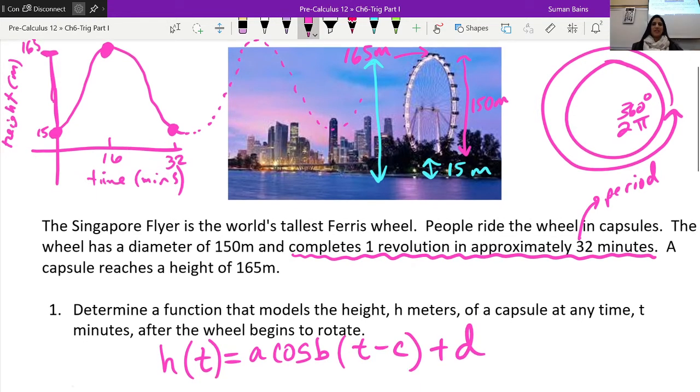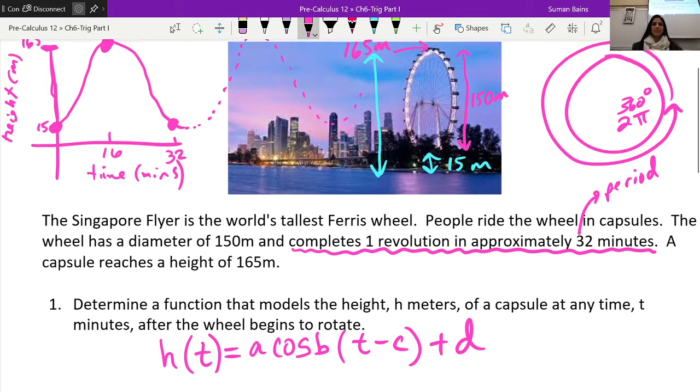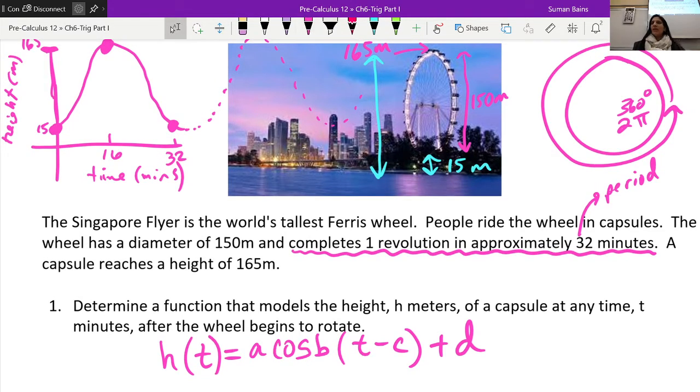So this is me just giving the general equation of what this would look like without us filling in all the values, where this t that's here is like our x value, but it represents time. So now let's start to fill in what we can, and when we get to a point where we can't fill it in anymore, we will do our calculations to figure out the missing pieces.